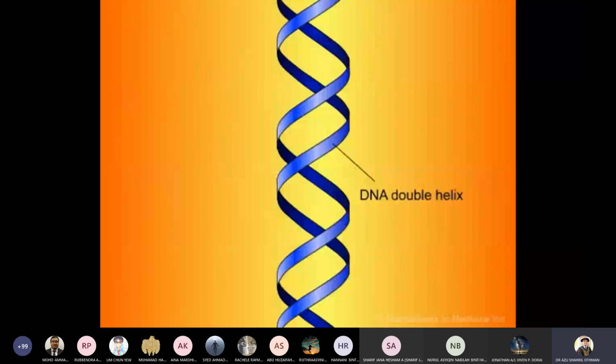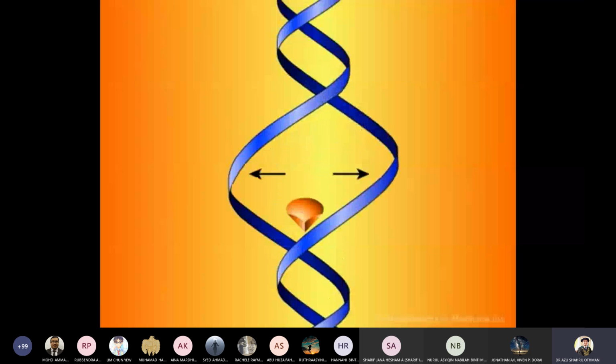DNA replication requires that the two strands of DNA separate so that the genetic code of the bacterium can be read and a new complementary strand can be created for each of the original strands. To accomplish this, various enzymes, known as helicases, break the hydrogen bonds between the bases in the two DNA strands, unwind the strands from each other, and stabilize the exposed single strands, preventing them from joining back together.